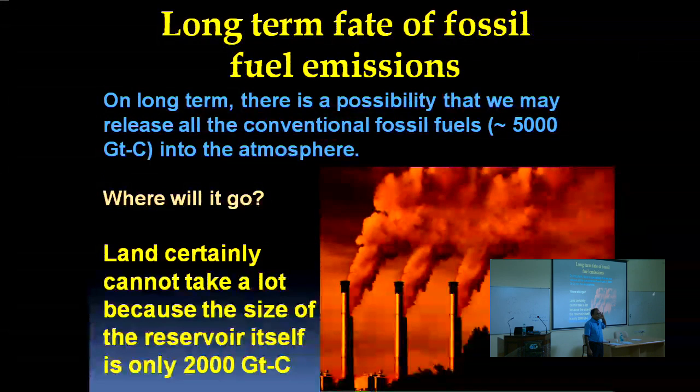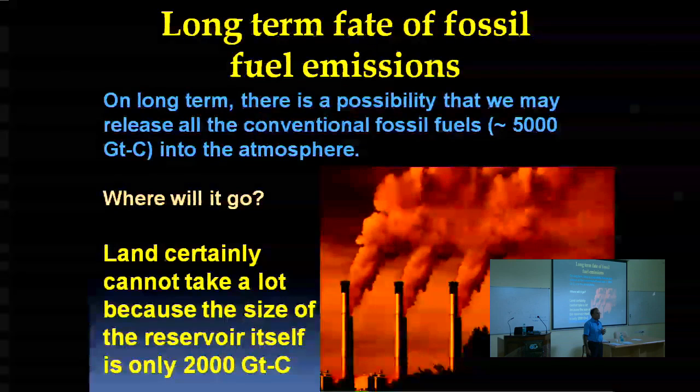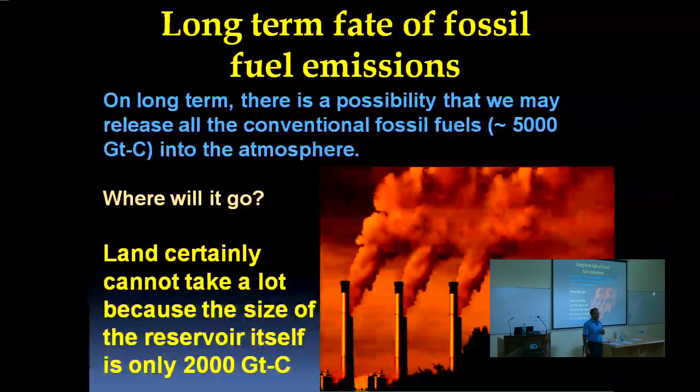So, land may not have much role in taking up carbon in the future. That's a very simple message. By just looking at these numbers, if you put too much carbon, like 5,000 gigaton, land cannot take it, right? Because land's total amount itself is only 2,000.